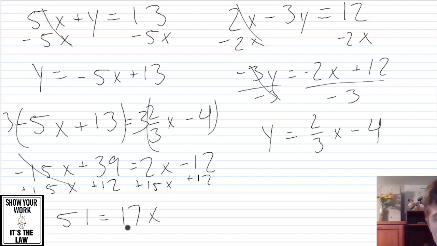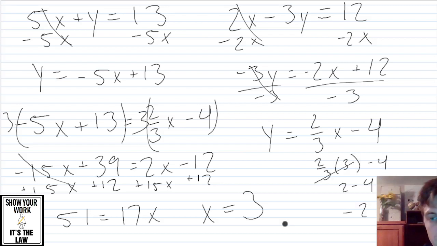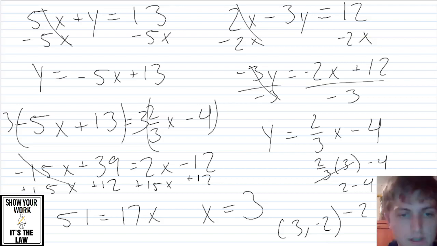X is equal to 3, and if x is equal to 3, we can substitute that back into one of our equations. Let's use this one up here. 2 over 3 times 3 minus 4, cancel, 2 minus 4, negative 2. So our x is 3, our y is negative 2, and we can show this by graphing, which I will do in just a second.